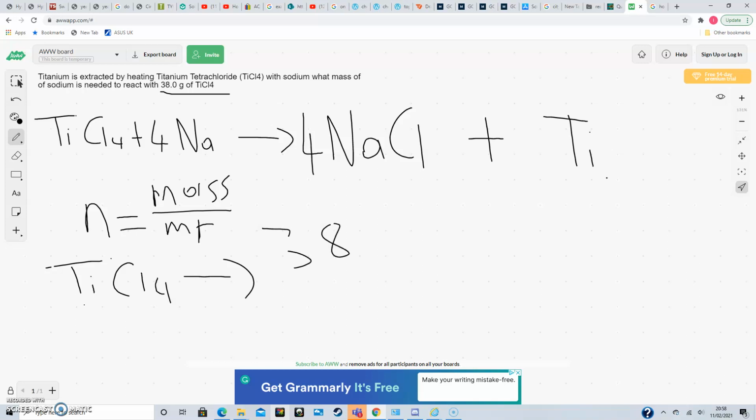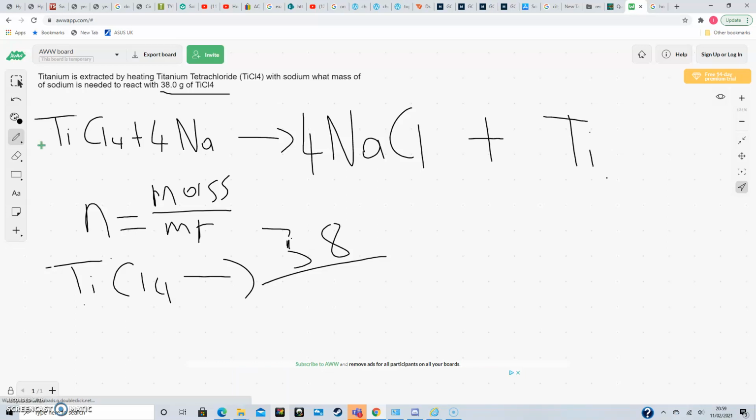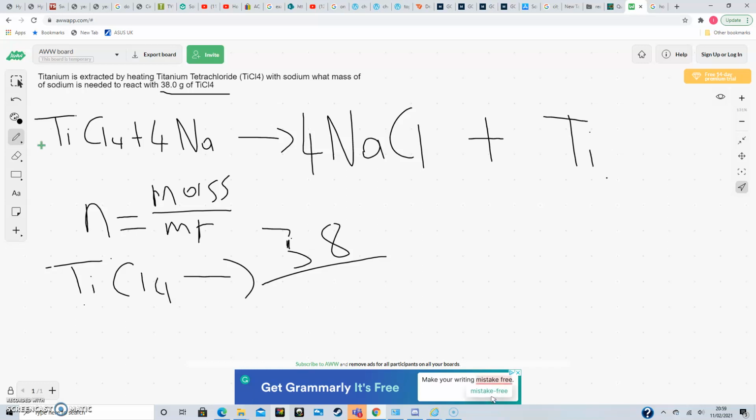38, and the MR, I'm not going to make you work out the MR. The MR is 48 plus 4 times 35.5. I'm just doing it in my calculator.